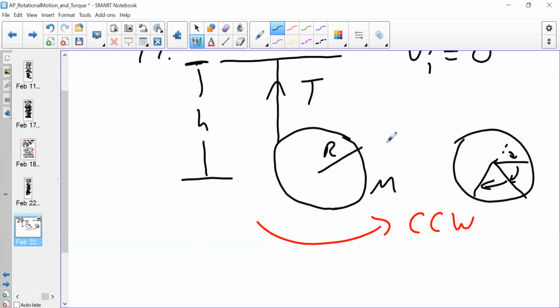But once you pull it up, it's going to go the other way, counterclockwise. This is best demonstrated with a yo-yo with a piece of tape as r, and you can see the clockwise fashion.